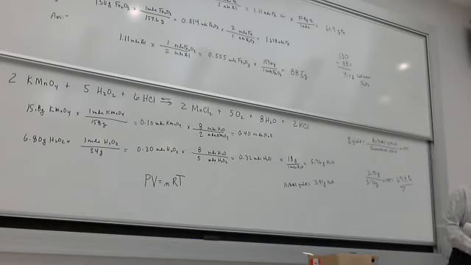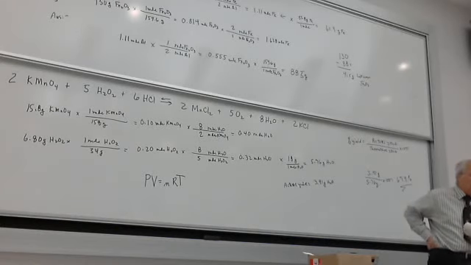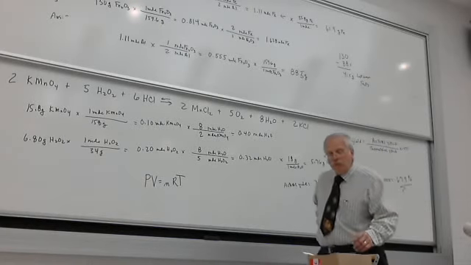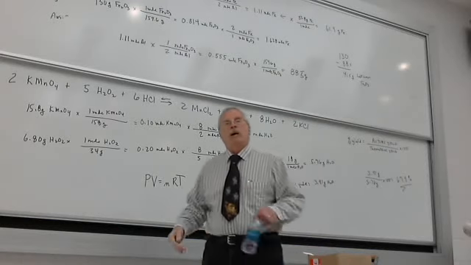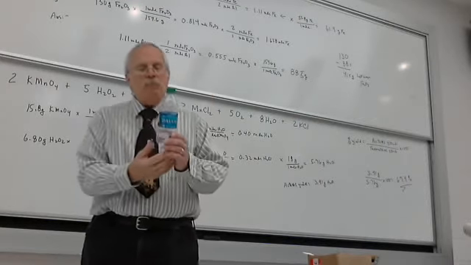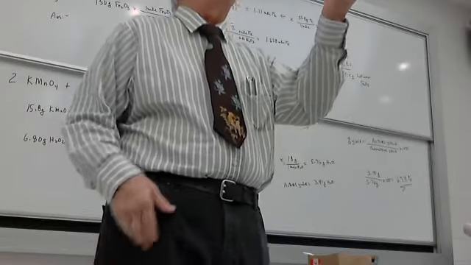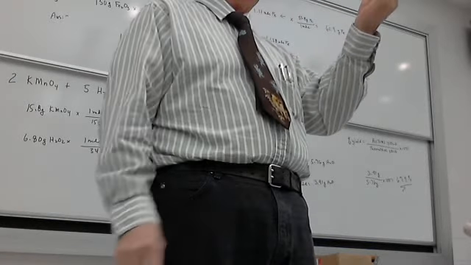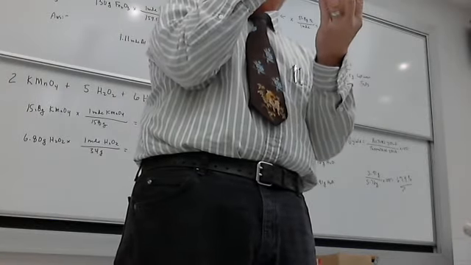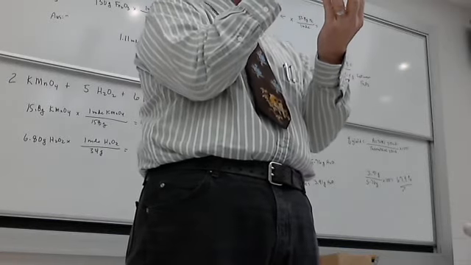Gases. This is matter that will assume any volume and any shape of the container that we place it in. They are easily compressed, and they can be easily expanded. The key is they do not have definite shape, they do not have definite volume. What does that mean? If I have an oddly shaped bottle, like a water bottle here, and let's assume that it's empty, and I fill it with a colored gas, where do I see that gas?